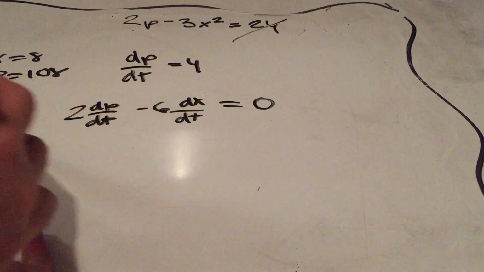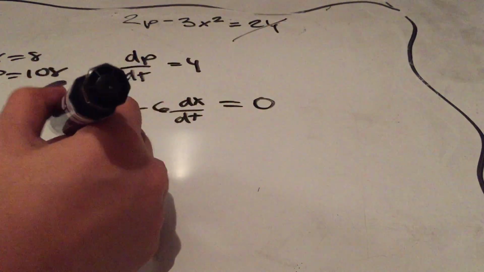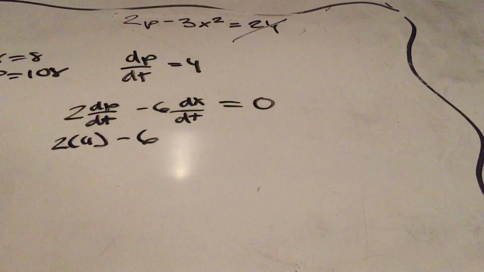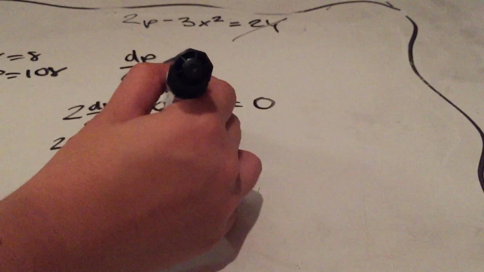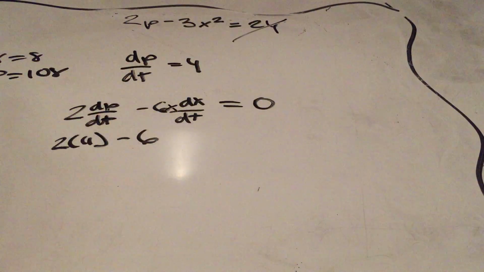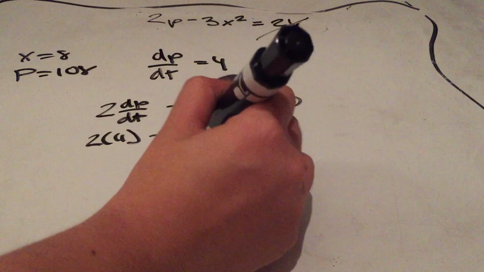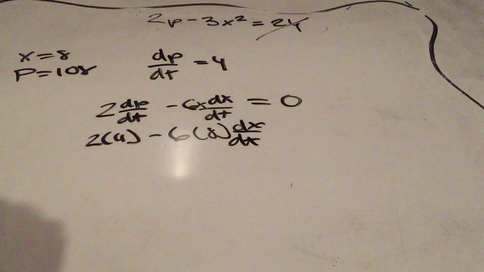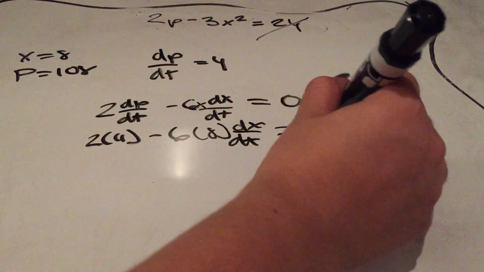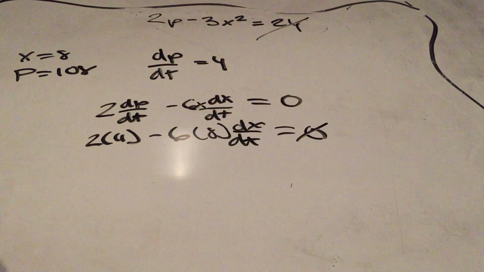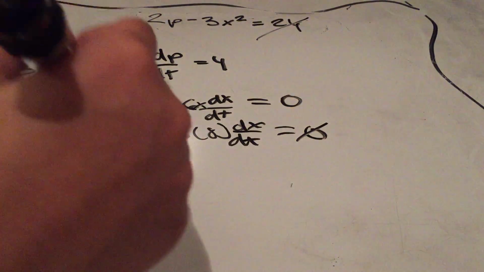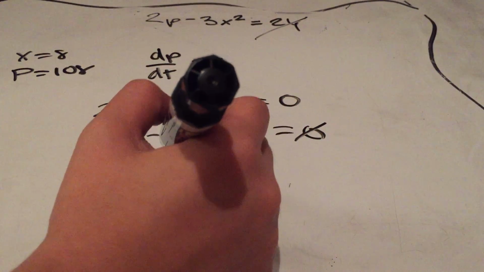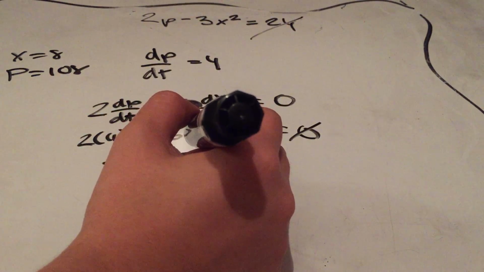If we remember correctly, dp over dt equals 4, so it's 2 times 4 minus 6 times 8, since x equals 8, times dx over dt equals 0. So this is 8 minus 48 dx over dt equals 0.